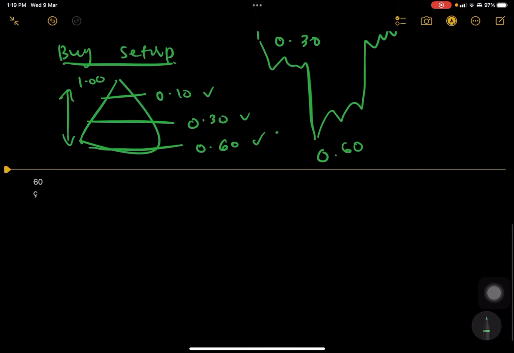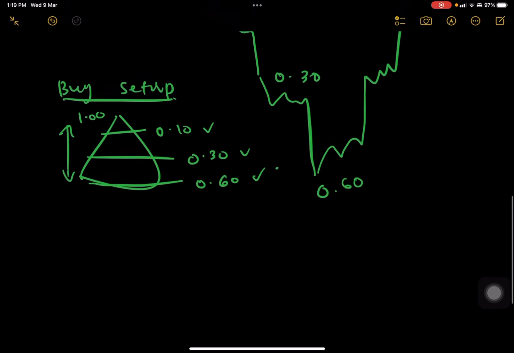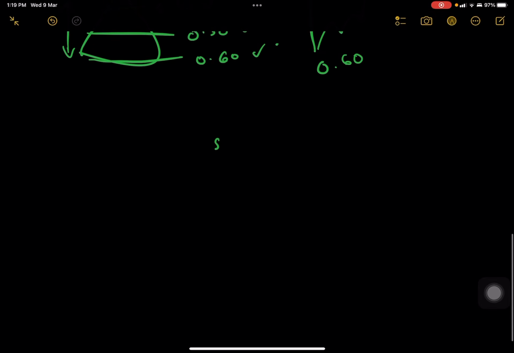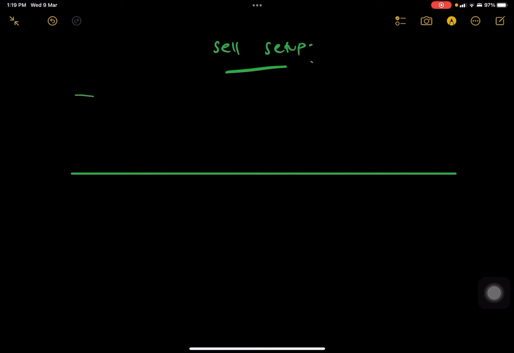Okay, this is for buy setup. And let's say for sell setup, how does Martingal Layer work in sell setup? Let's say you already place a resistance zone here.